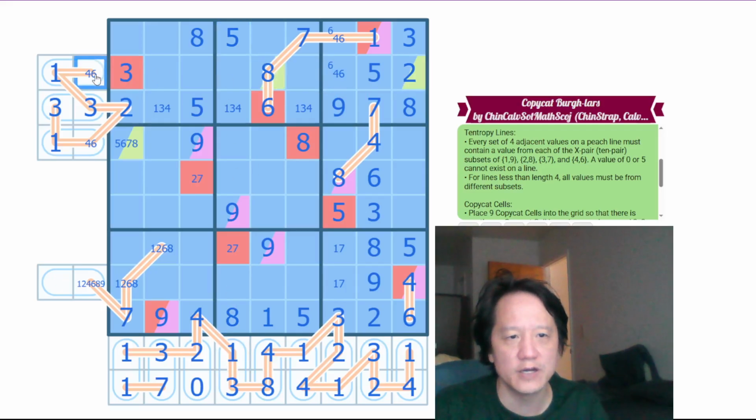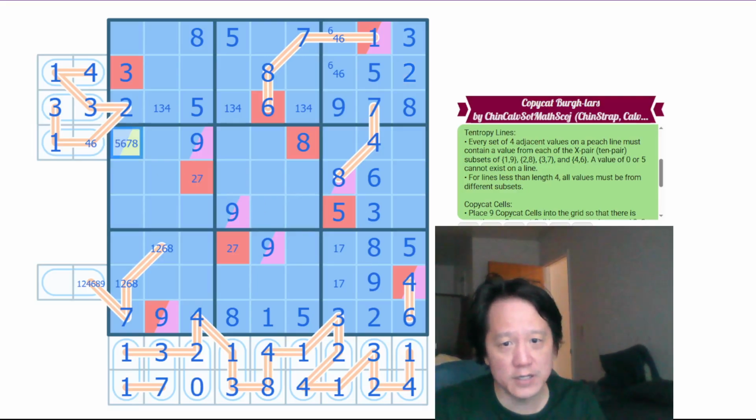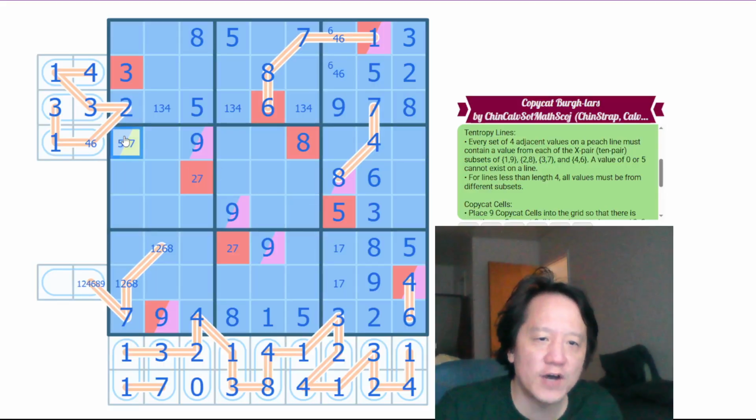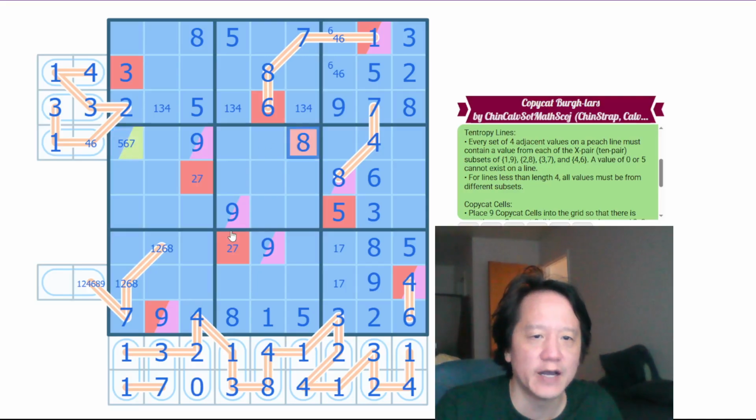4, 8, and 2 add up to 14. No 8 here because of 8 in the row. 5 works, adding up to 5 plus 9 in value because that's Copycat there.